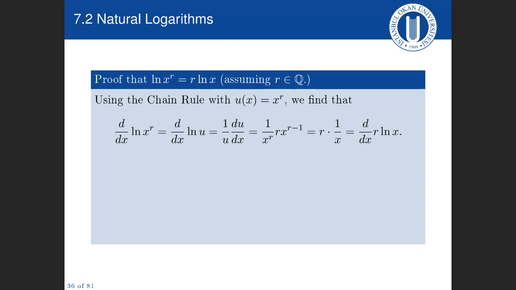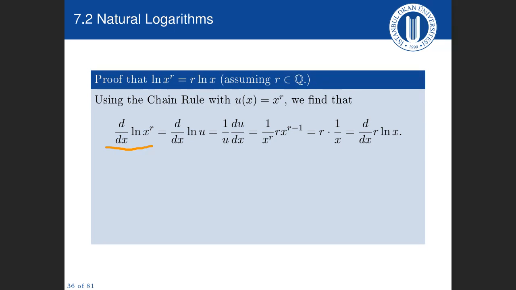Let's prove another one. Let's prove that ln x to the power r is equal to r ln x, assuming that r is a rational number. Well, what we can do is start with the chain rule and do this calculation. I want to differentiate ln x to the power r with respect to x.